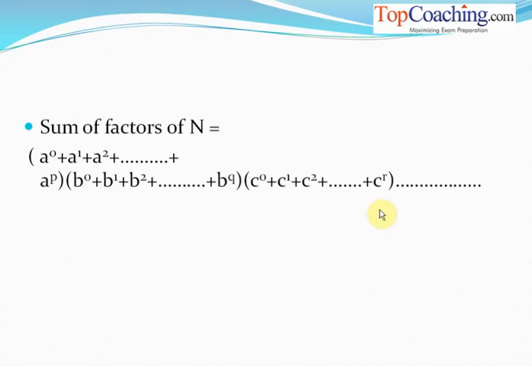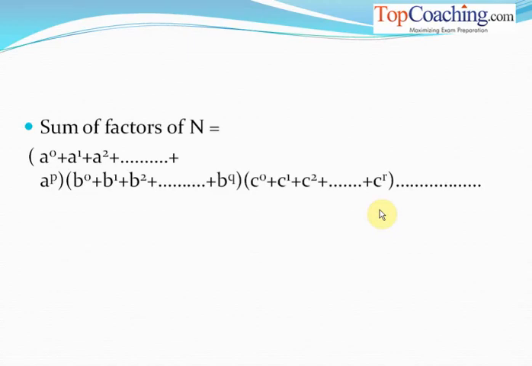Now the sum of the factors of n would be (a to the power 0 plus a square up to a to the power p) whole multiplied by (b to the power 0 plus b square plus up to b to the power q) whole multiplied by (c to the power 0 plus c square plus c cube plus up to c to the power r).